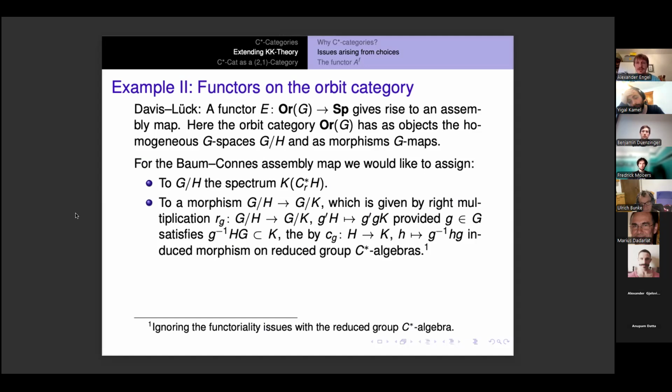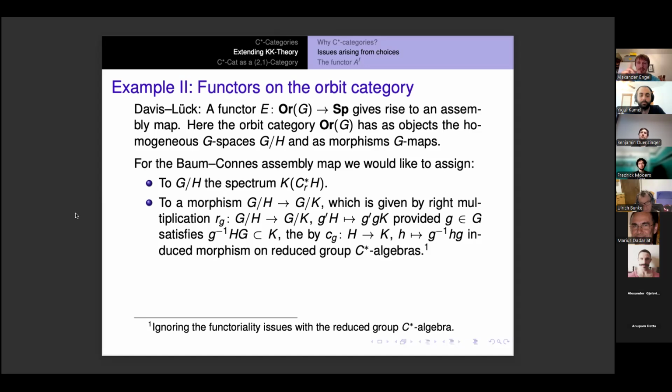And to a morphism from G mod H to G mod K, we would like to do the following. So note that such a morphism is always given by right multiplication with a certain element small g. So we fix such a g, which gives this morphism by right multiplication, and then we can define the map c_g, which is basically conjugation by this element g.